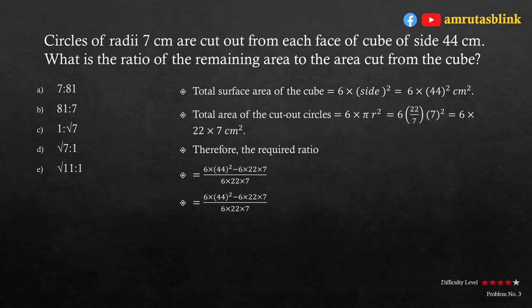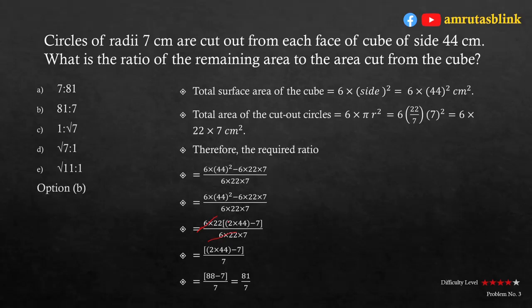Now if I take 6 into 22 common, then we will have 2 into 44 minus 7 upon 6 into 22 into 7. So this 6 and 22 gets cancelled. So we'll have 2 into 44 minus 7 upon 7, that is 88 minus 7 upon 7, which is 81 upon 7, and hence the required ratio is 81 as to 7, which is answer option B.